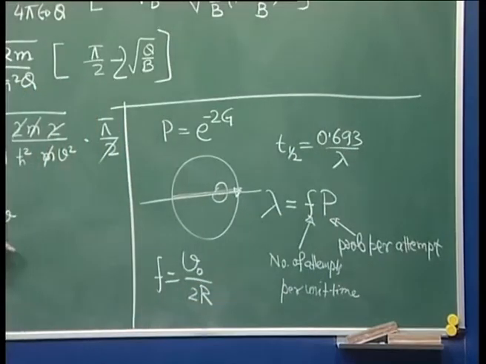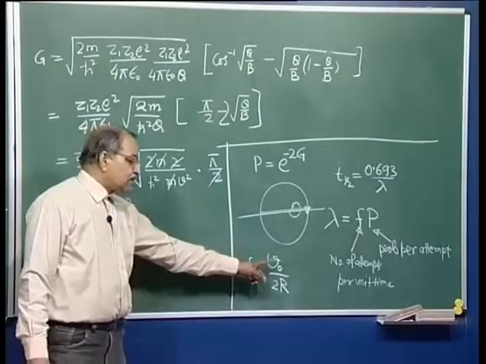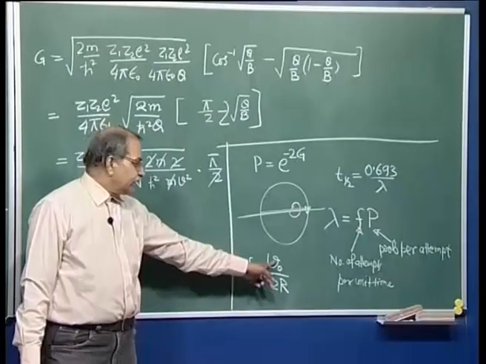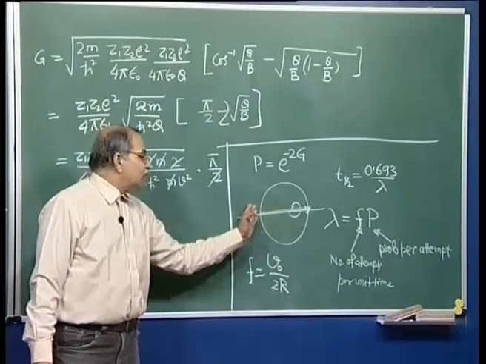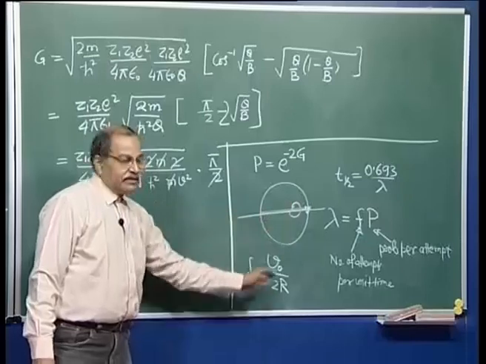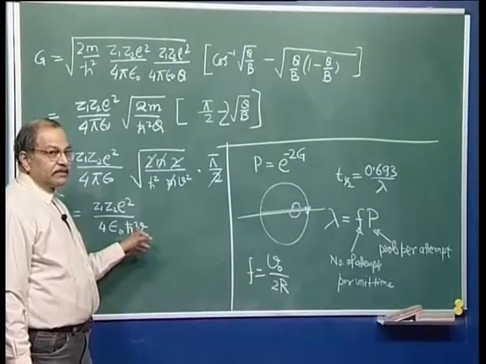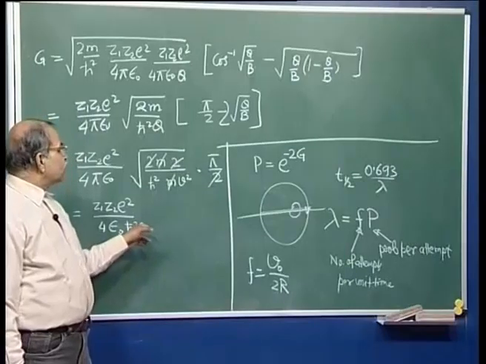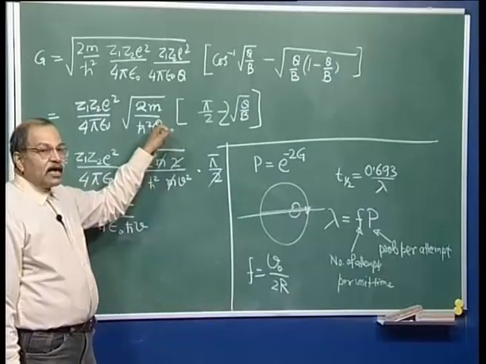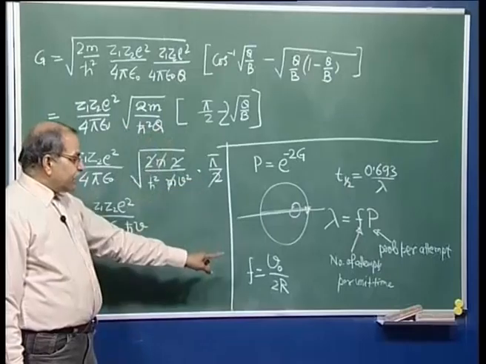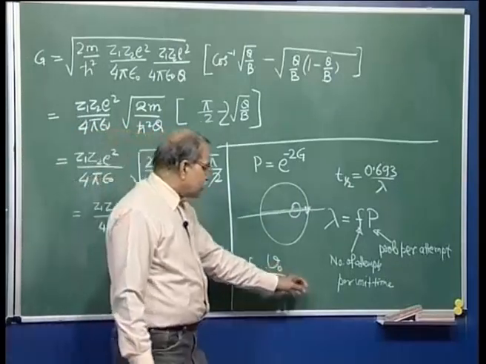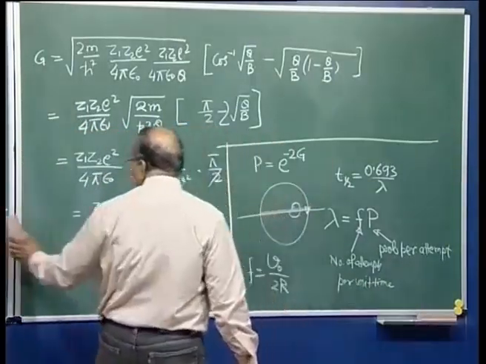I have used a v here, and this v and that v are different, because one is when the alpha particle is inside the nucleus, and the other is when it is outside the nucleus. When it was outside the nucleus, we said that the energy Q is half m v square. When it is inside, how do I get this v naught?